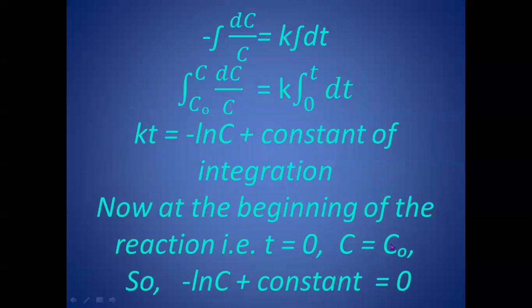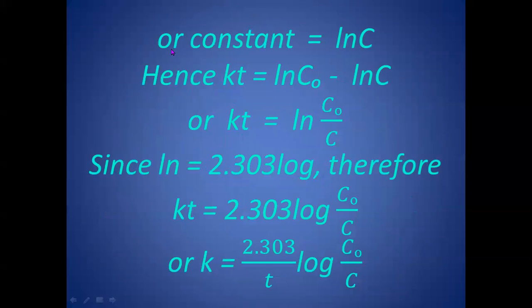It is the initial concentration of the reactant. So minus ln C becomes minus ln C0, plus constant is equal to 0. Why? Because K into t, or K into 0, is equal to 0. And ln C0 will be equal to constant. So the value of the constant of integration is ln C0.